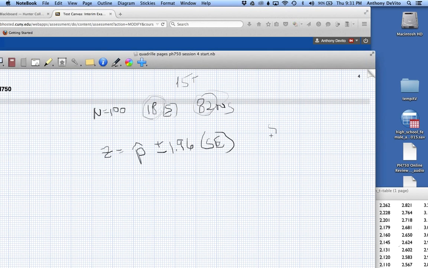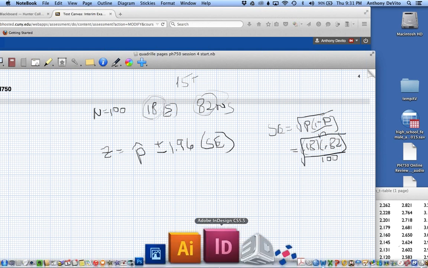So let's see what the standard error is going to be. Standard error is the square root of p times 1 minus p over n, and that's going to be equal to 0.18 times 0.82 over, the sample size was 100. Okay, and we take the square root of this whole thing.